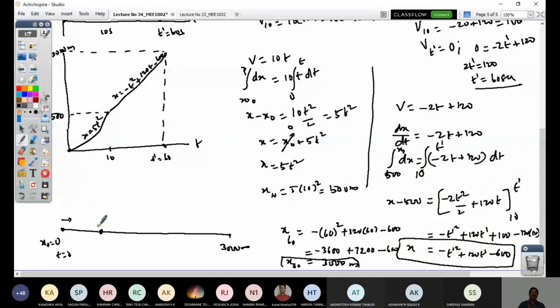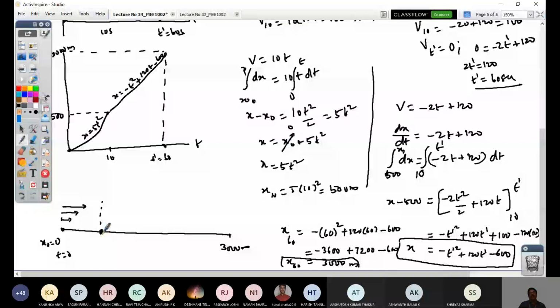The velocity is increased. It has gone till 10 seconds with an increase in velocity. After that it has started decreasing its velocity. So the velocity from here is reduced, and here it is 0. So velocity here v equals 0, stopped.